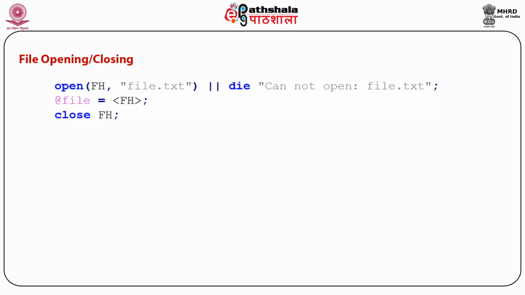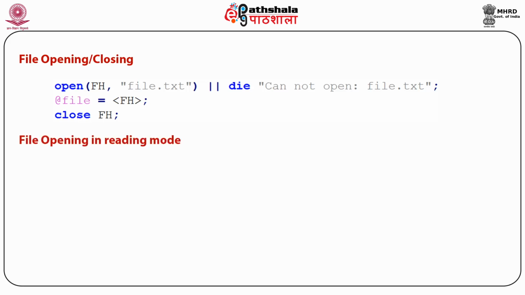The opened file will be stored in the array @file using the input operator, and the syntax is @file = <FH>. And after storing, the file handle is closed using the close FH syntax. So this file handle could be utilized in the same program for further use if it is required. Here, FH is the file handle. The name of the file handle can be anything, for example, STDIN, DATA, FILE, etc.